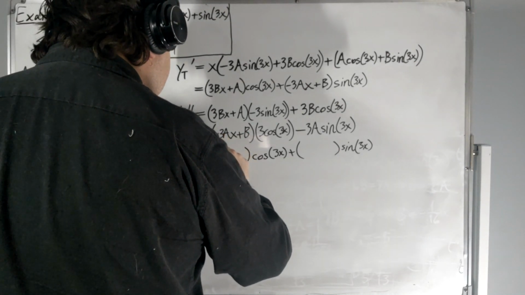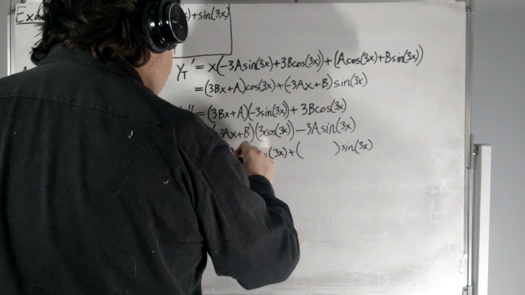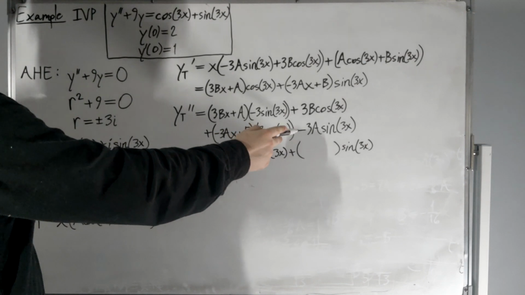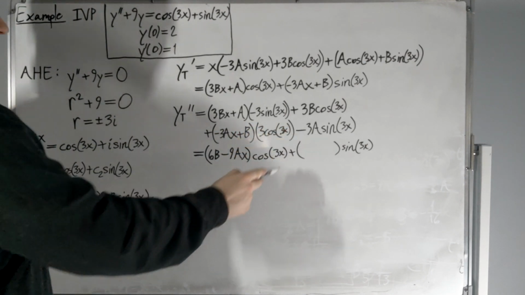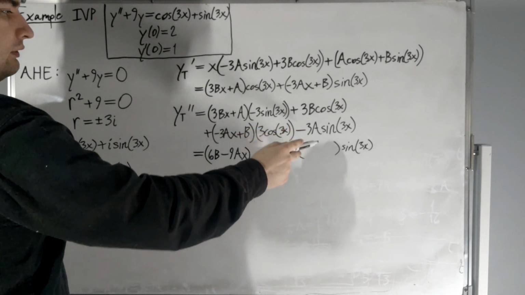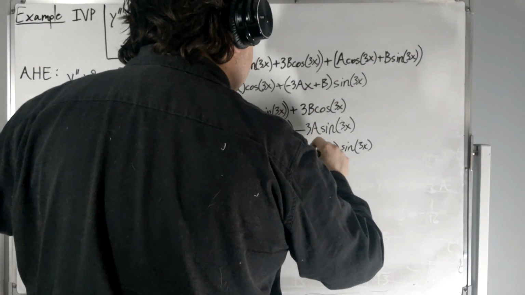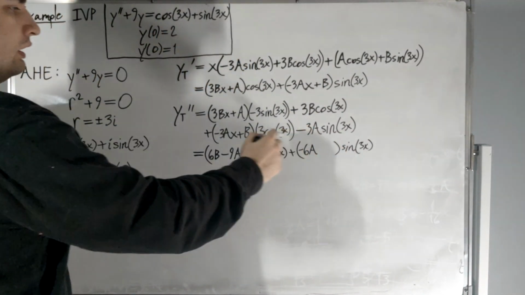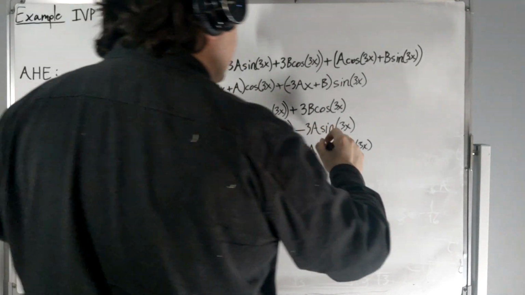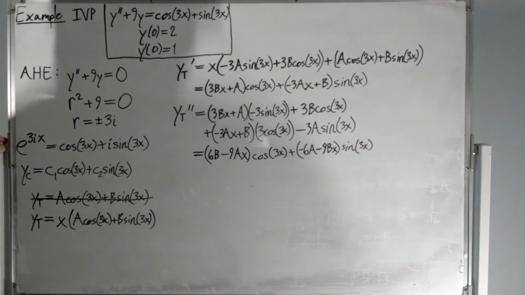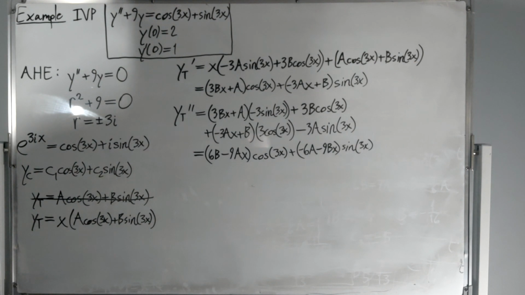So that's 6b minus 9ax. Then the thing multiplying sine is going to be negative 3a minus 3a, so that makes negative 6a minus 9bx. It's a mess, but that's what we're dealing with, right?